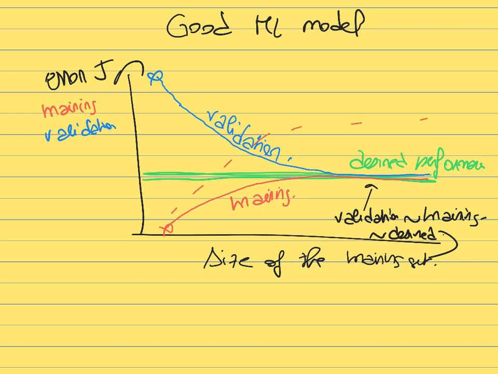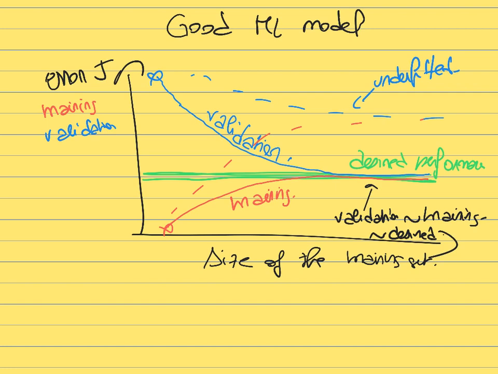This is what you would get for an underfitted model. In this case, both the validation set error and the training set error are equal to each other, and they are low. So they are comparable to the error that you anticipate. So this would be for an underfitted model. And the last thing is that you see that the model is learning, and it's plateauing. So the error is not decreasing anymore with the size of the training set. It has reached a plateau.